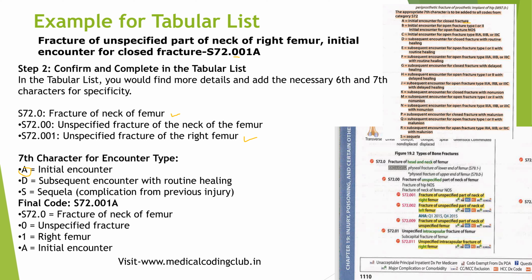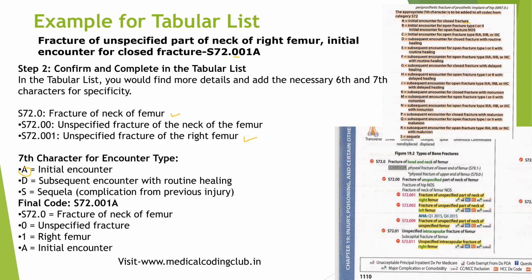As you can see, in the alphabetic index I got only S72.0, which was incomplete and required additional characters. So taking S72.0, I came to the tabular list and added the additional characters required to give the detail of the condition.